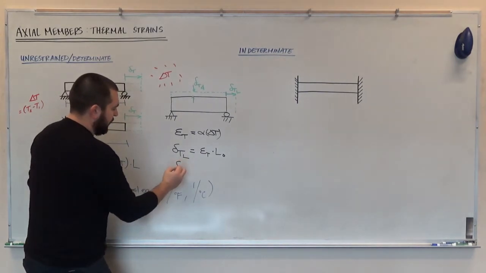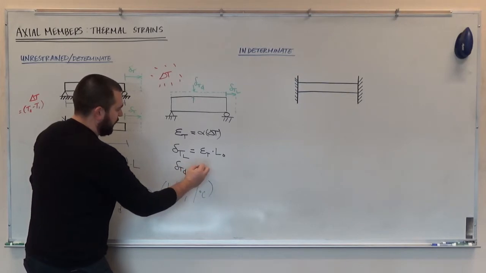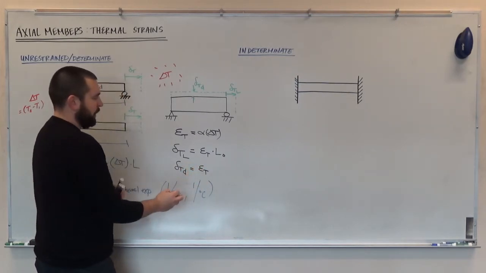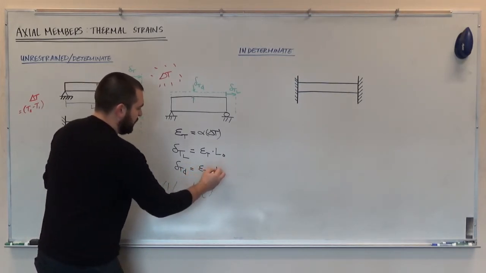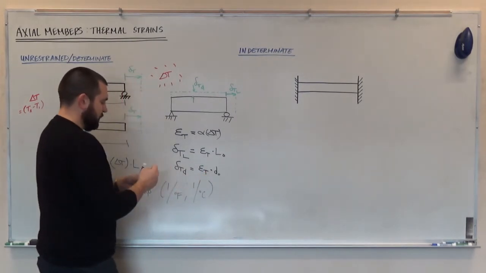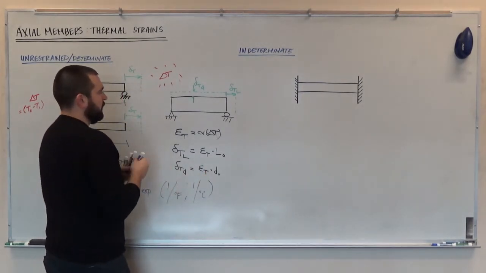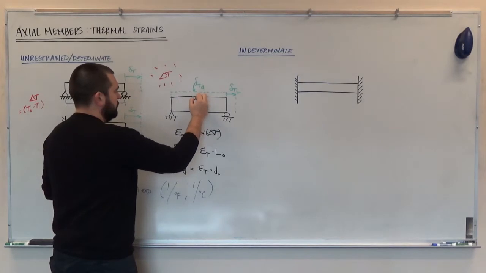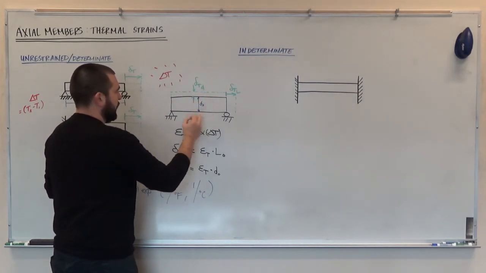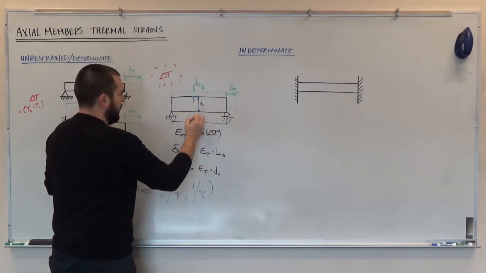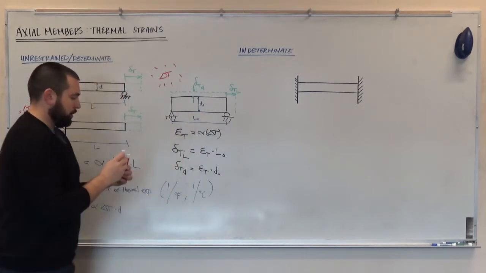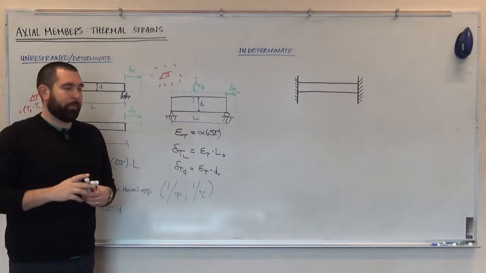If I wanted to calculate the change due to temperature of the width, it would be that same thermal strain times d naught, where d naught is simply the original transverse direction, and L naught is simply the original longitudinal direction length.